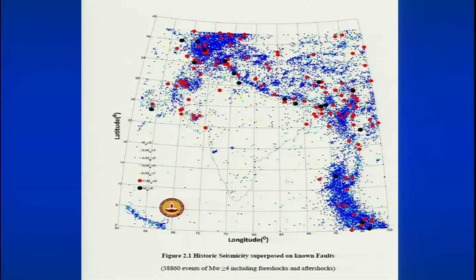Considering those boundaries, what we see is a very preferred distribution of earthquakes of different magnitudes, and we classify the earthquakes in terms of depth. We have deeper earthquakes here, shallower and intermediate ones, whereas here we mostly see large magnitude and shallow earthquakes.